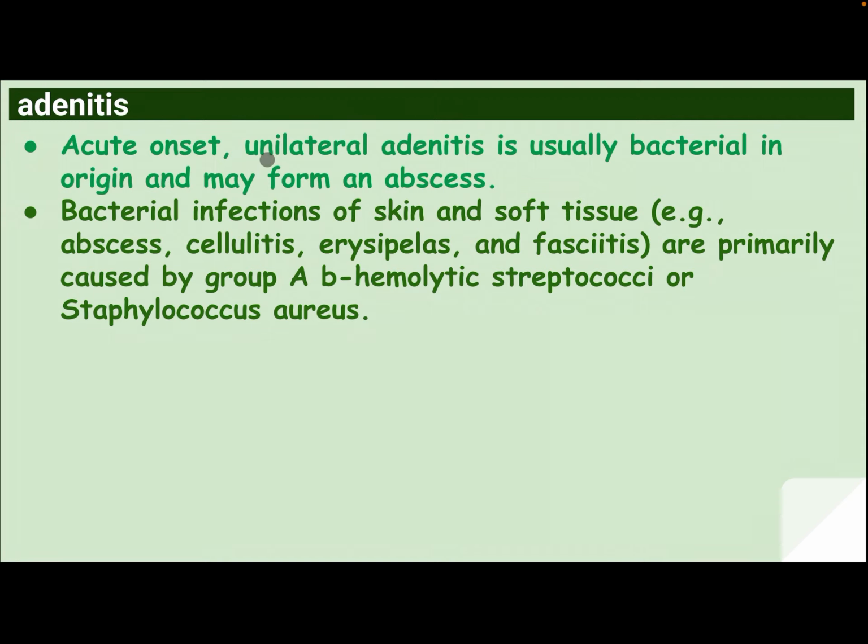Acute onset unilateral adenitis is usually bacterial in origin and may form an abscess. Bacterial infection of the skin and soft tissue like abscess, cellulitis, erysipelas, and fasciitis are primarily caused by group A beta hemolytic streptococci or Staphylococcus aureus.